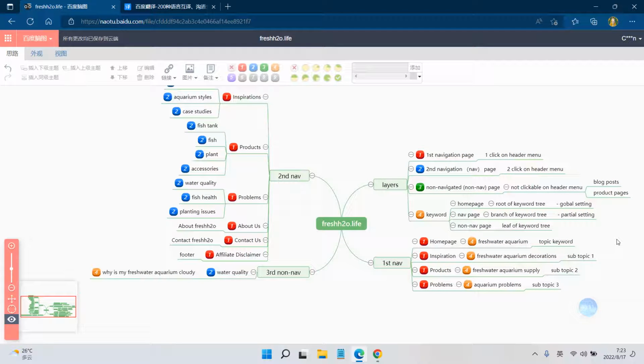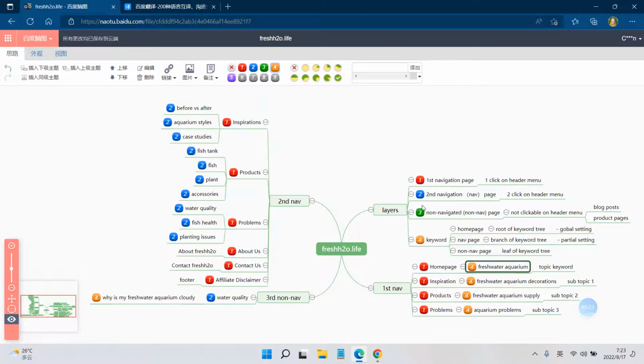it doesn't absolutely mean that this kind of keyword has more search volume than this kind. Like, let's see the fish. Let me show you.